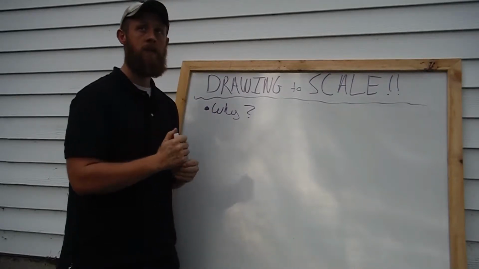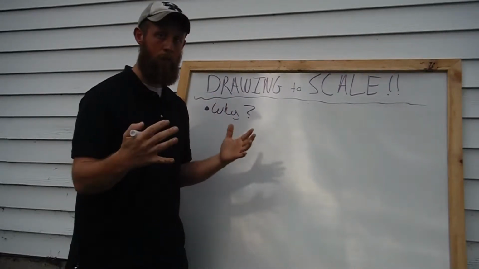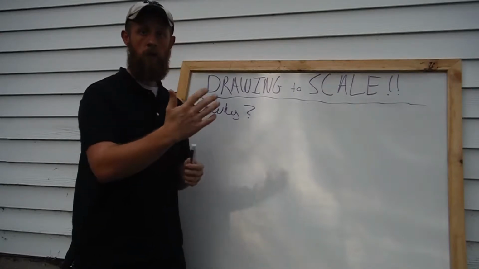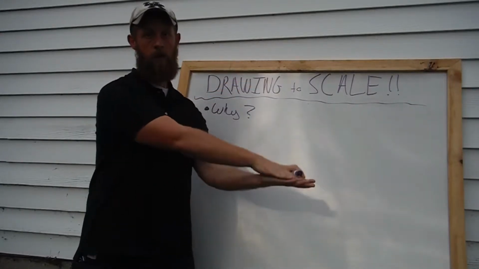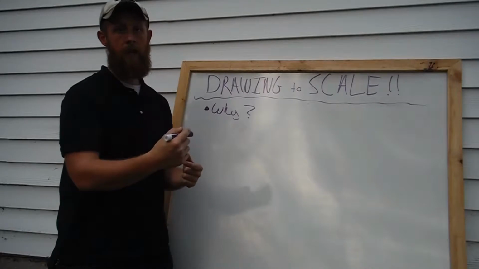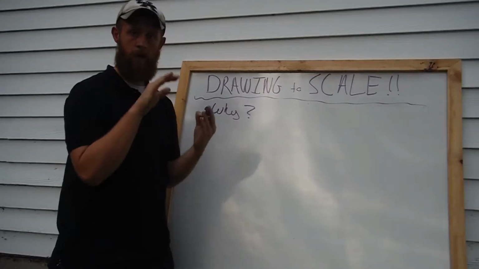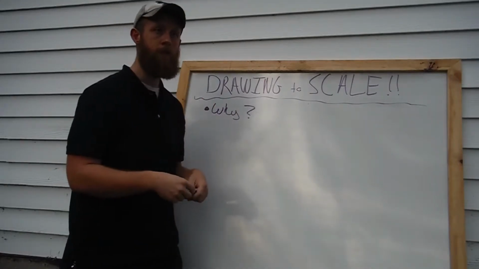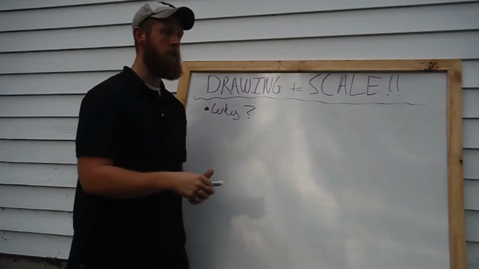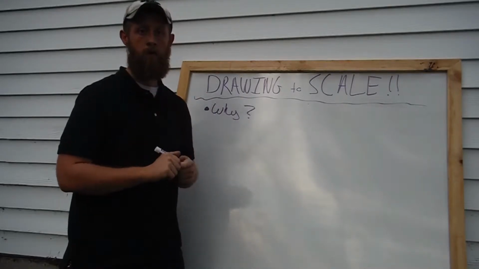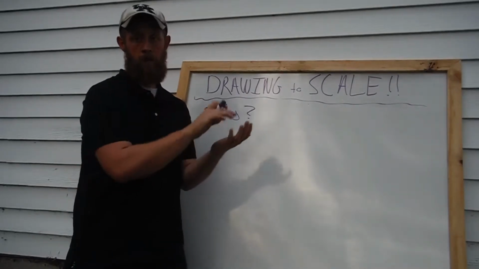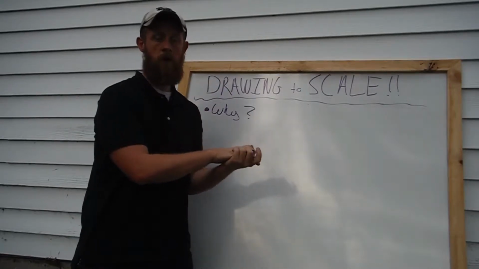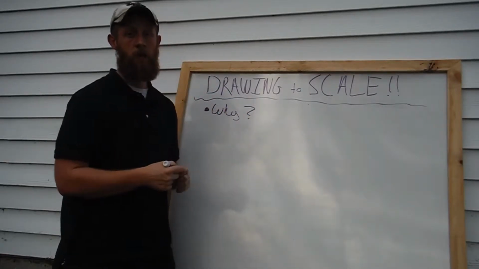What I mean by that is if you're the designer and you come up with a product that you want to build, you can draw it to scale, put it on a sheet of paper, hand it over to a builder, and they can take that and interpret it correctly and construct it. And the opposite is true. If somebody else builds it or you're surfing the internet and find a project that you want to build, you can take a plan that's been drawn to scale and build it, and that's why it's important.